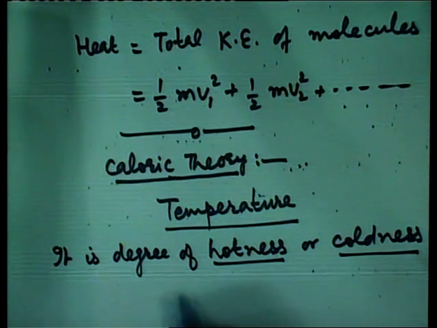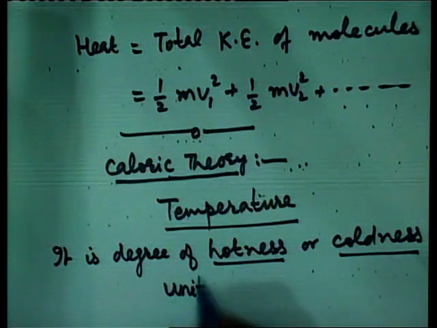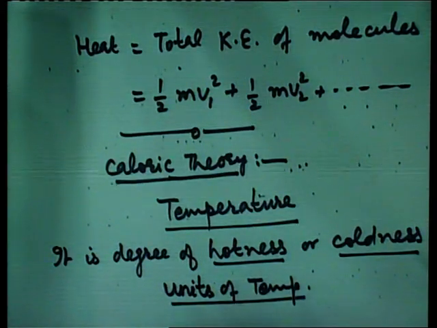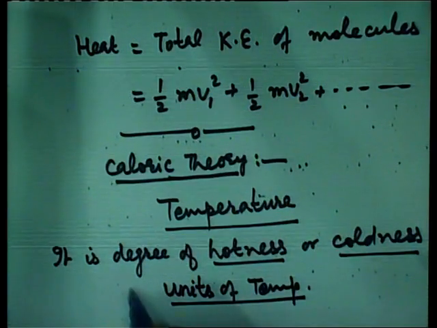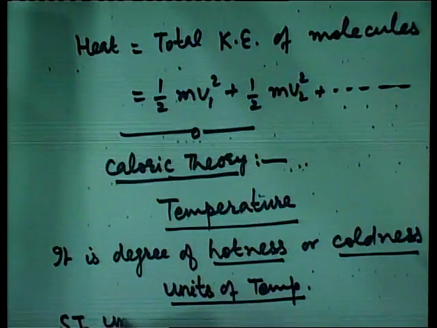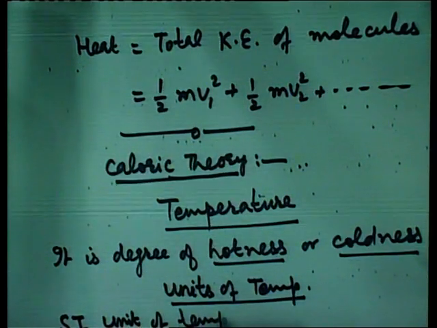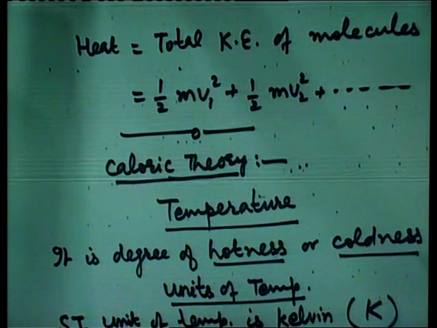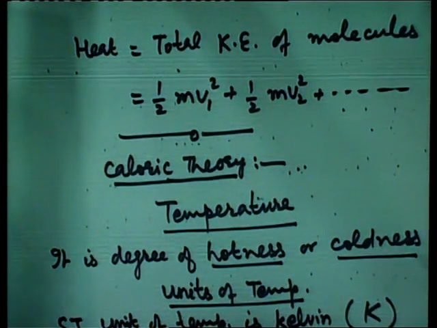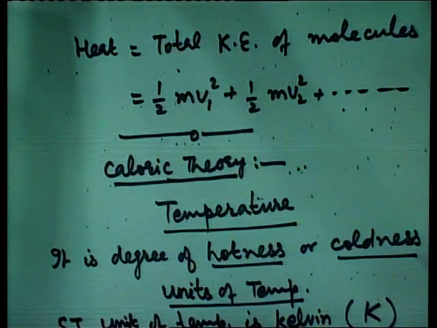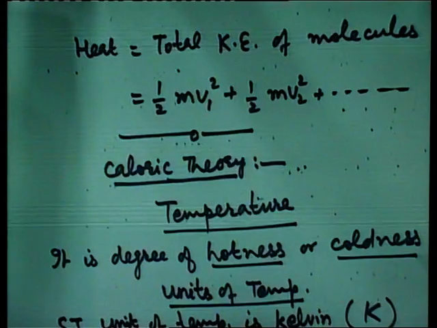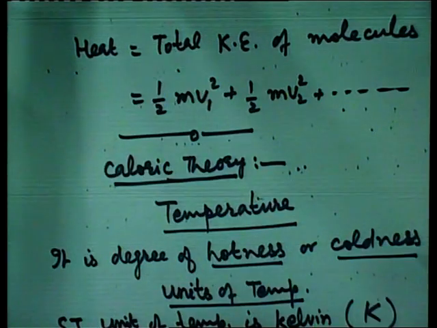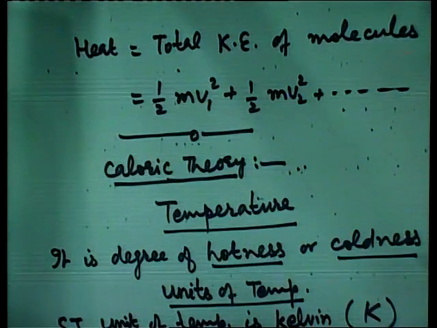Now, the unit of temperature. You have studied in the first chapter that the SI unit of temperature is Kelvin, which is denoted by K. It is the fourth basic quantity after length, mass and time, which is used for discussing the concepts of heat and temperature, and thermodynamics.